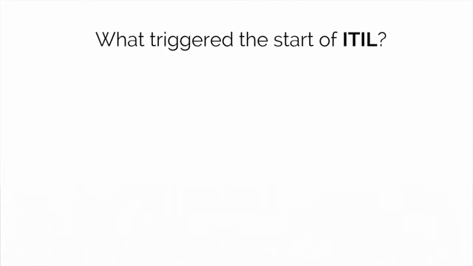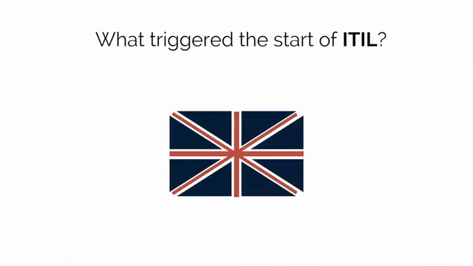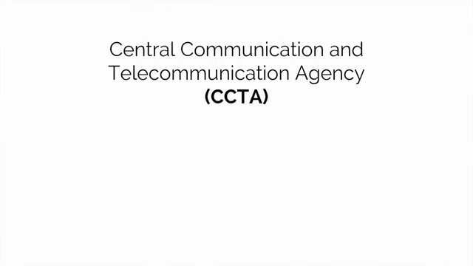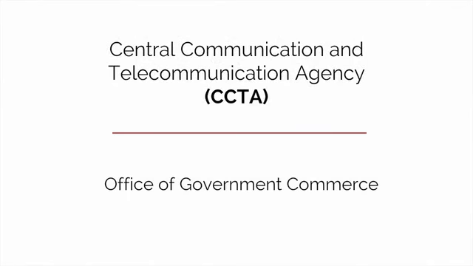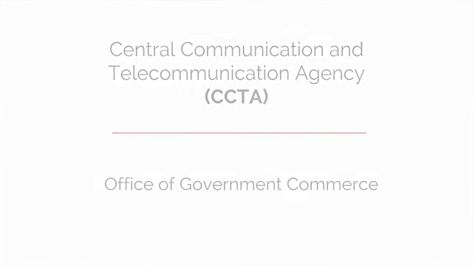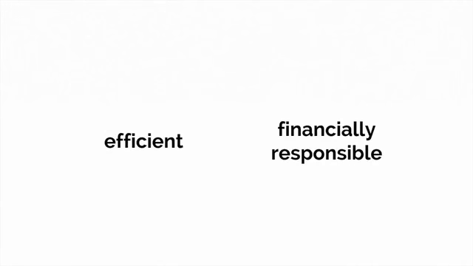Now, in the 1980s, the British government realized that the level of IT service quality provided to them was just not sufficient. So, the Central Computer and Telecommunications Agency, the CCTA, also known as the Office of Government Commerce, was asked to develop a framework for efficient and financially responsible use of IT resources within the British government and private sector.